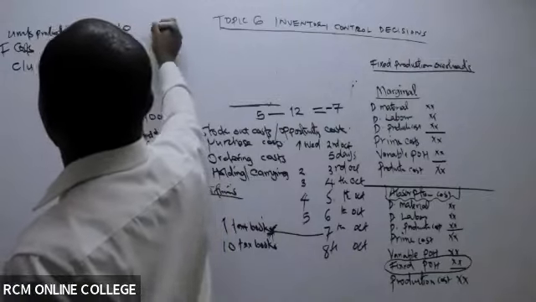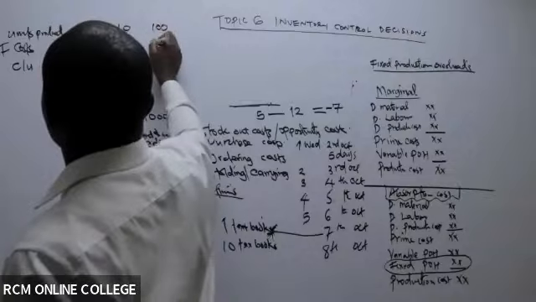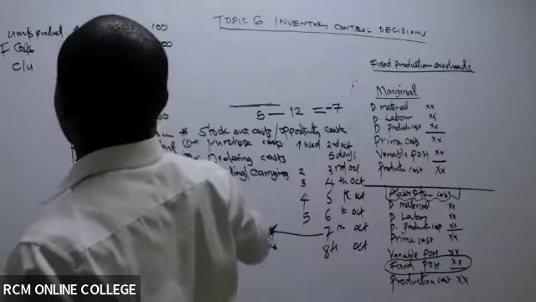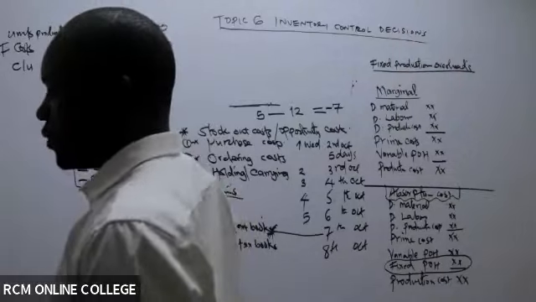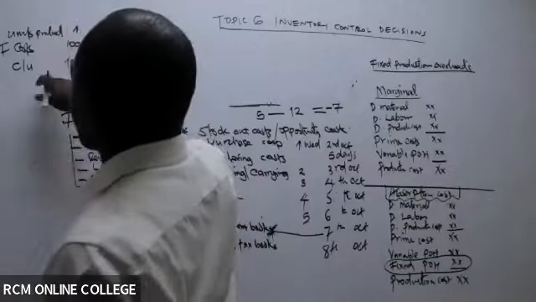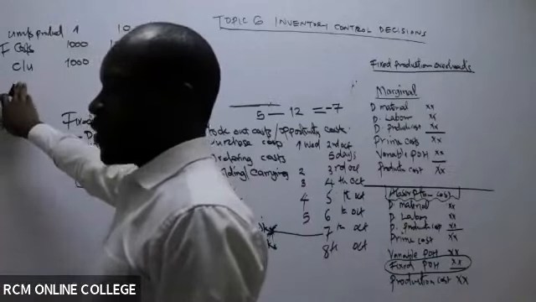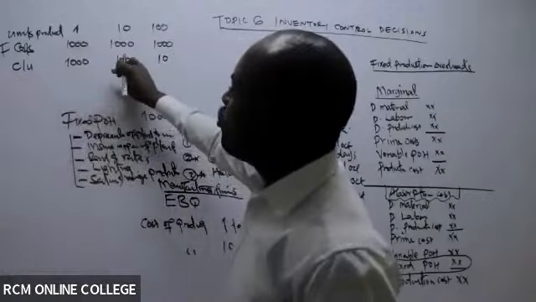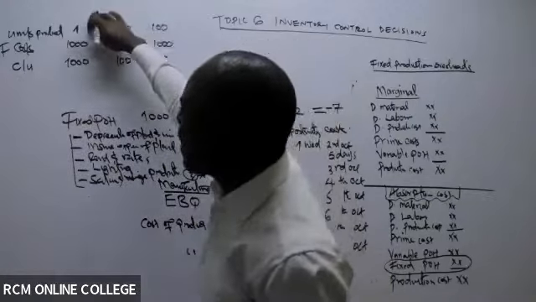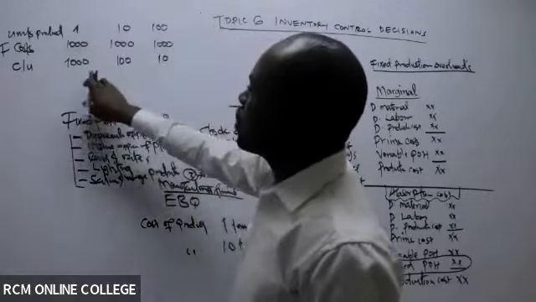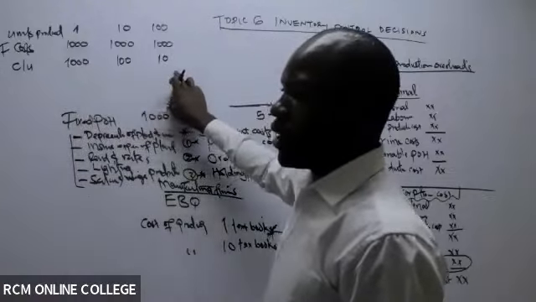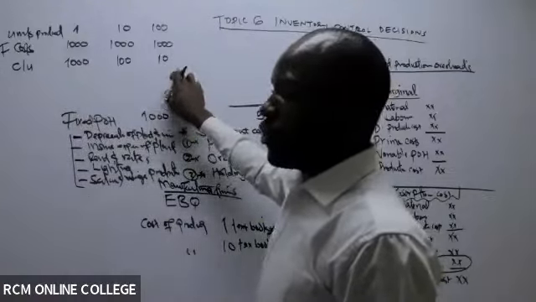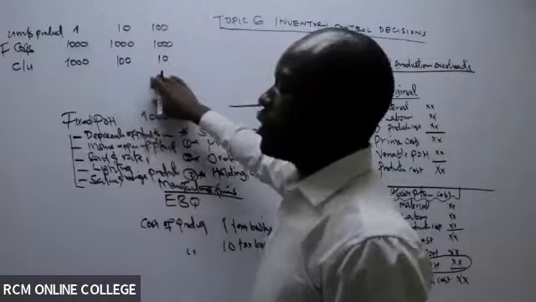What if you manage to produce 100 units and the cost is still constant? What will we have? 10 shillings. That is cost per unit. So as the volume of output increases, cost per unit is actually reducing.